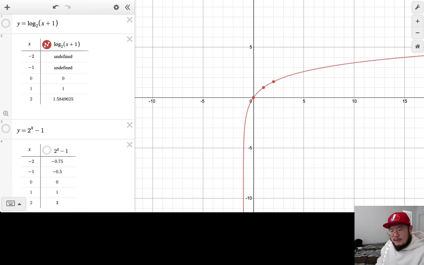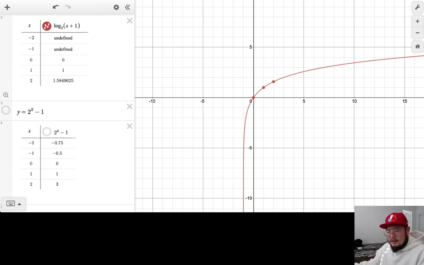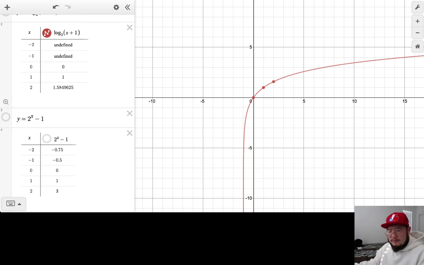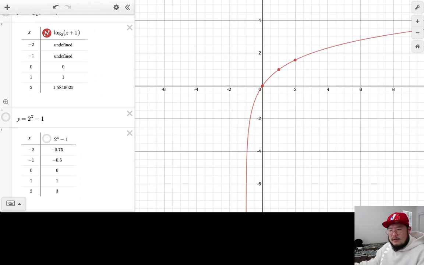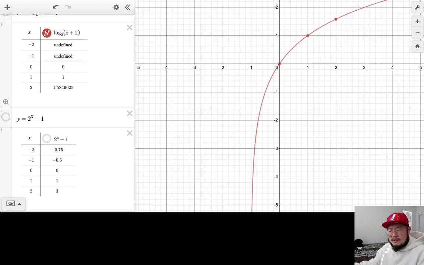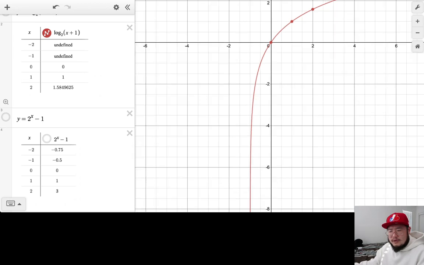But then guess what? There's a few other things that show up there. It says we got -1 and undefined, -2 and undefined. Well, why is that? First of all, if you look at the function right here, take a look at it carefully. What happens as we start going downwards right here at -1?